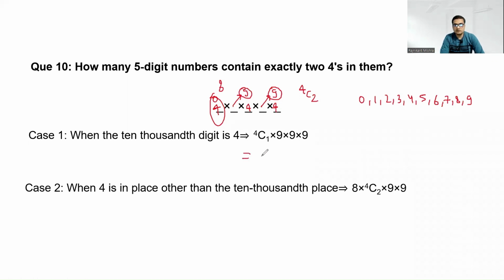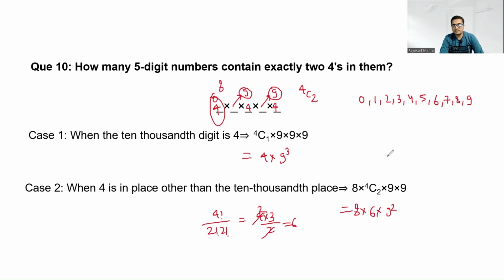Here 4C1 is equal to 4, and this is 9 cube. Here 8 into 4C2, 4C2 means 4 factorial by 2 factorial and 2 factorial, which is equal to 4 into 3 by 2 is equal to 6, so 8 into 6 into 9 square.